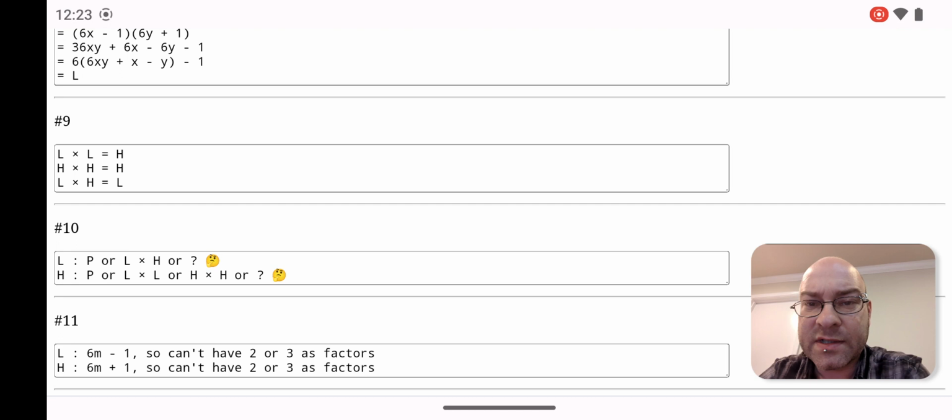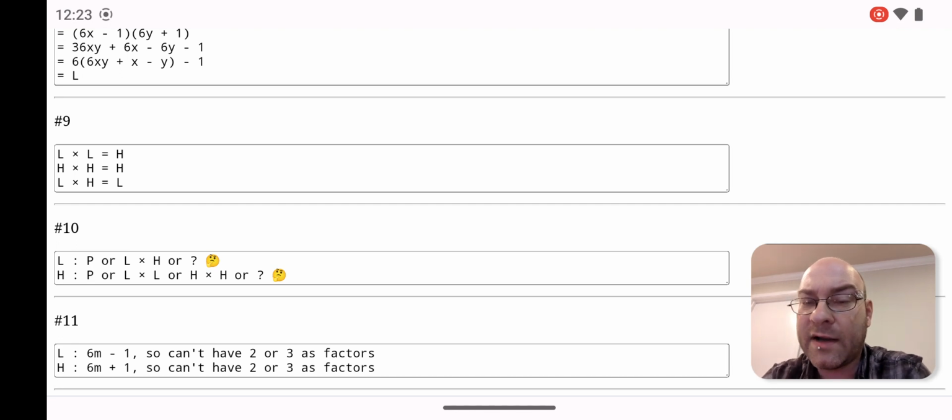Well, we know that it's 6m minus 1 by definition, so it can't have 2 or 3 as factors, because if you move one position away from a multiple of 6, you can't land on a multiple of 2 or a multiple of 3. And similarly, for a high number, it's 6m plus 1. You move one slot away, you can't have 2 or 3 as factors.